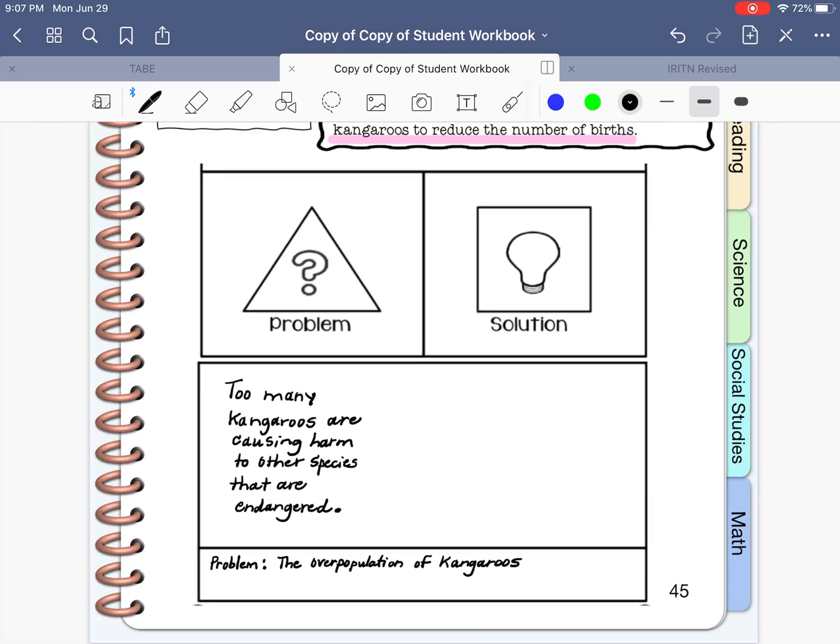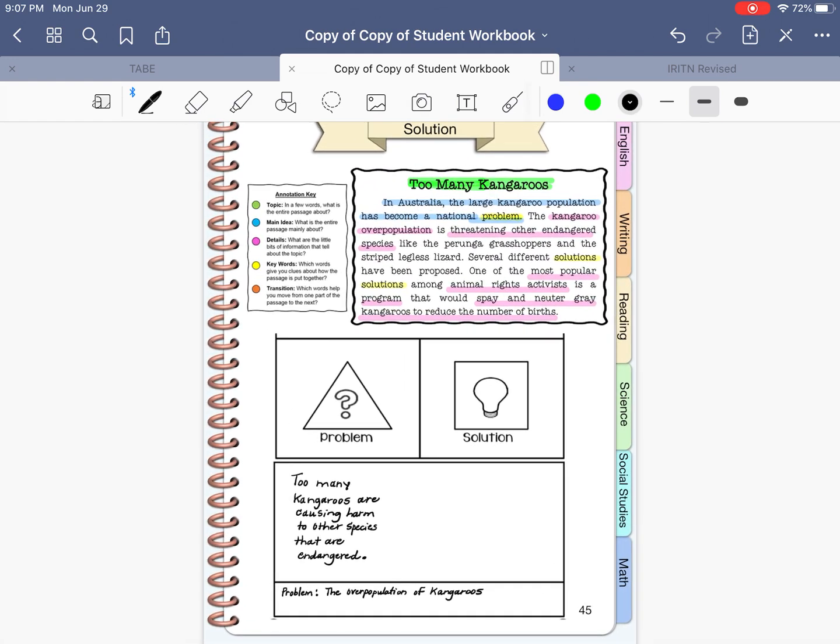Okay, so that's the problem, that too many of these kangaroos are causing other species to suffer in some way. And it doesn't really go into the details about how that's happening. It just tells me that it is.